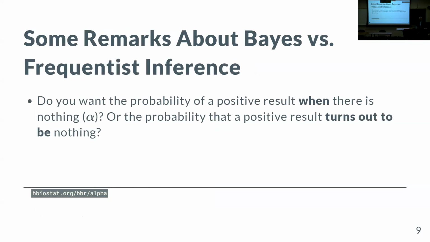The probability that something turns out to be nothing means that you claim there's efficacy, or you claim that a certain risk factor is a risk factor, and it turns out you were wrong because the real effect is zero. So that's something that turns out to be nothing. That's called a decision error. The first thing is an assertion probability. The second thing is a decision error, and that's all we care about.